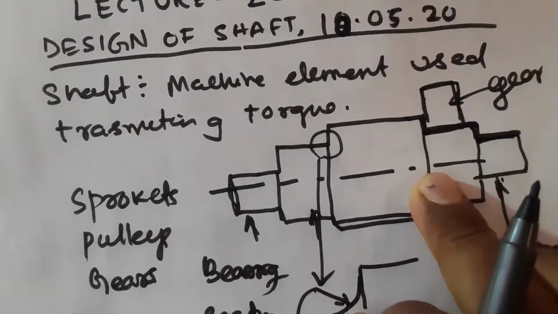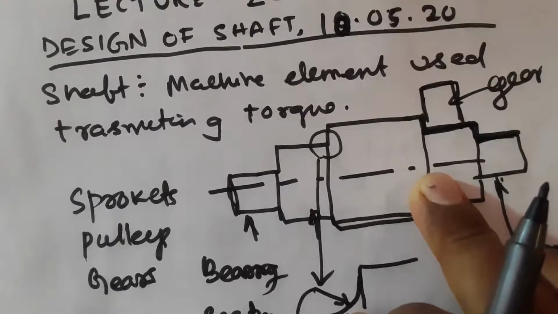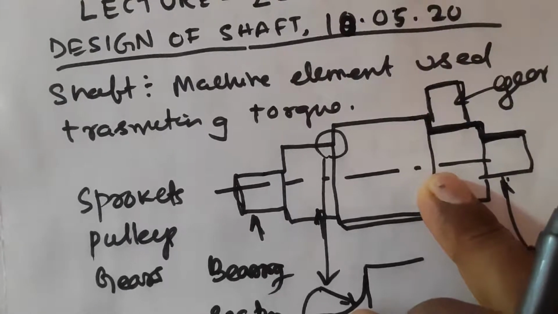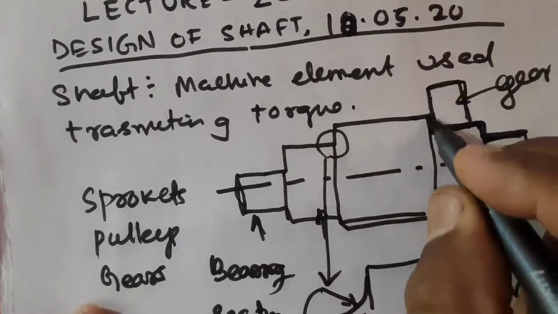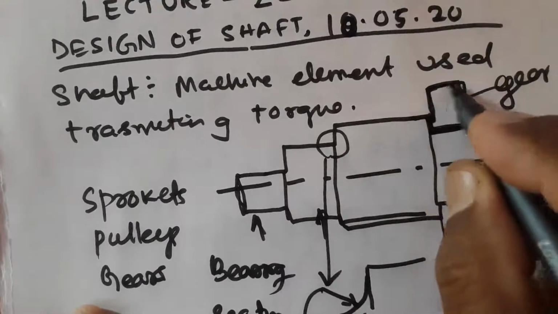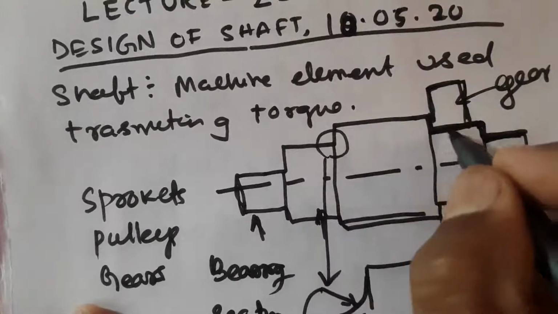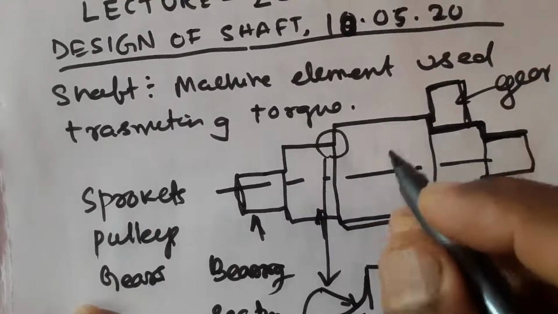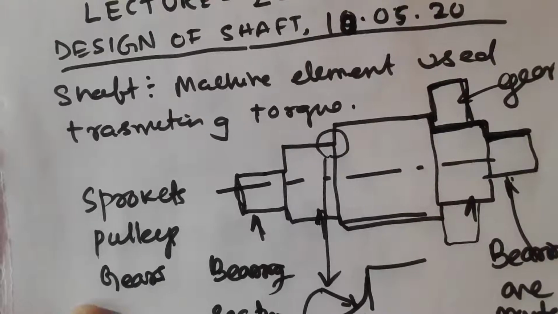So the steps on the shafts are shoulders for positioning and transmission of elements like gears and bearings. These shoulders are provided for positioning as well as restricting the motion of the pulleys, gears or bearings along the axial direction.